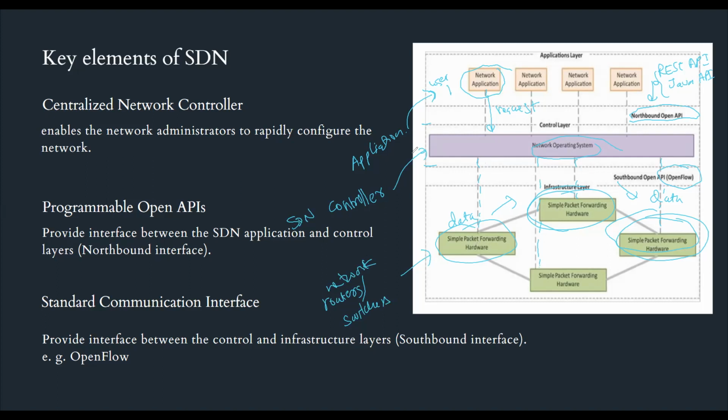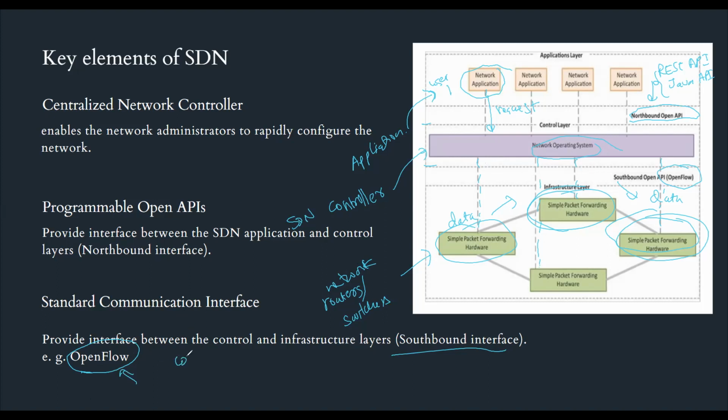So there are three basic layers of the SDN network, and OpenFlow is the protocol used for the southbound interface.